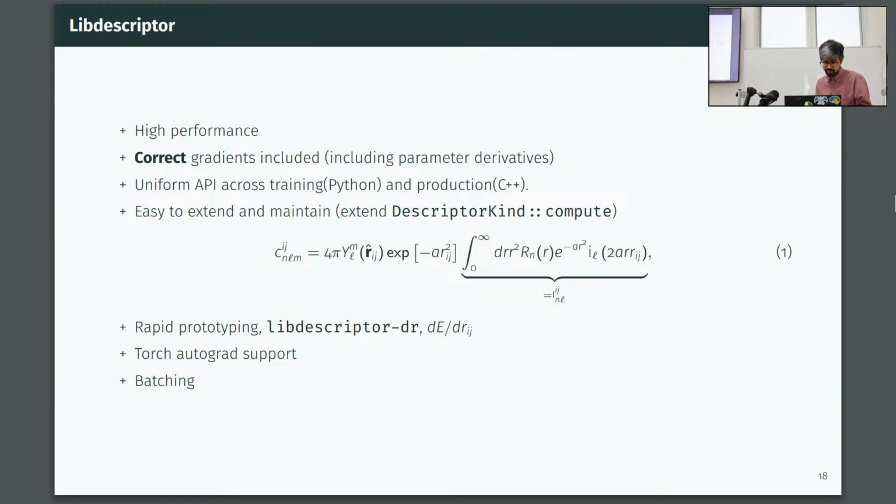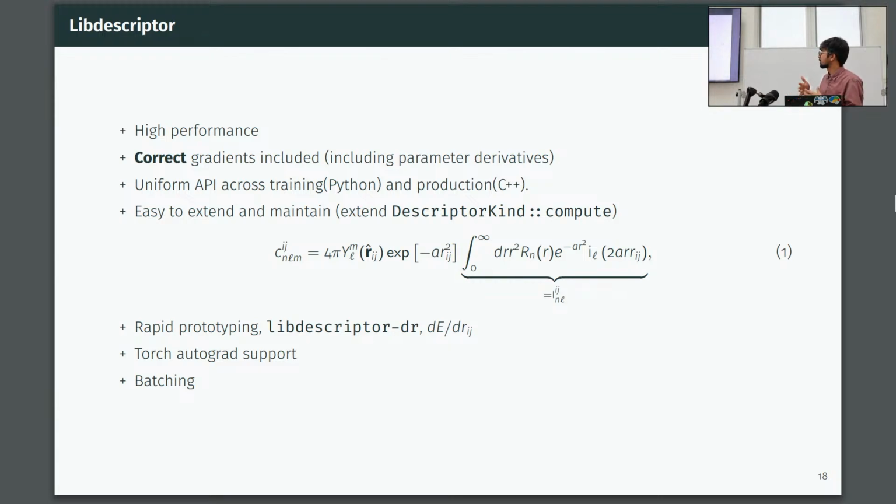This is the use case that we want to go through. It has a uniform API. You can use it through Python, you can use C++, and it all works. It is really easy to extend and maintain. For example, this is one of the forward functions that is used, for one of the descriptors called SOAP. It's basically an integral over some radial function. What people usually do is take this Rn function to be some sort of Gaussian, because then the whole equation becomes analytically solvable and they can compute its gradient.